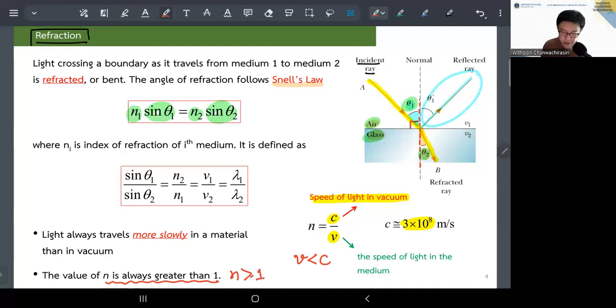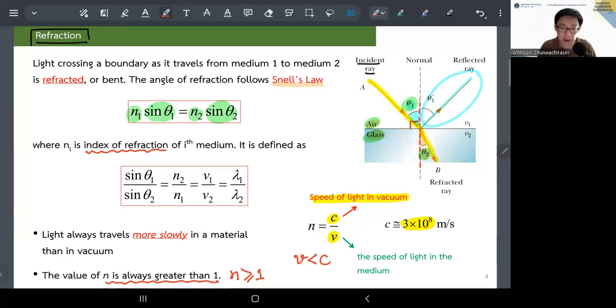The best that it can do is just equal to 1, which is the vacuum itself. So hope that you now understand that n of the medium is simply the ratio between the speed of light in vacuum, c, divided by the speed of light in that medium, and is always larger than 1. We call this n the index of refraction, or refractive index, of that medium. Cool?